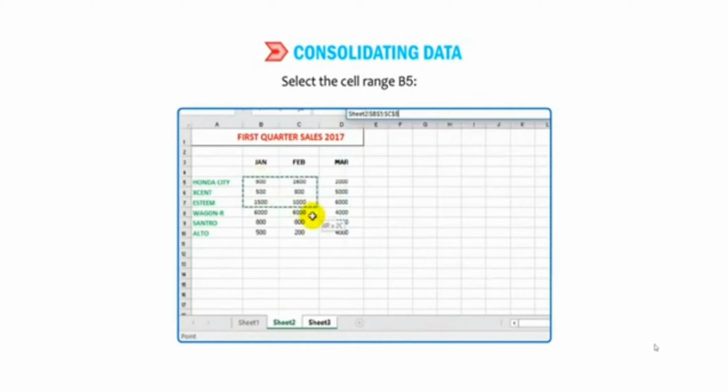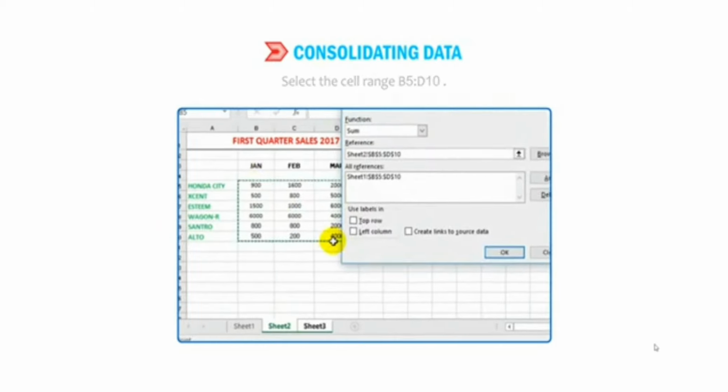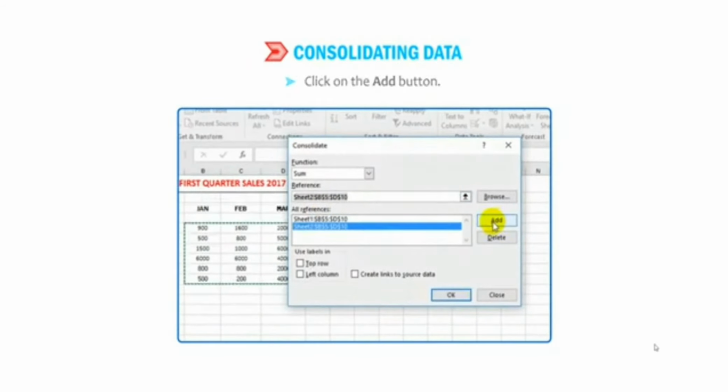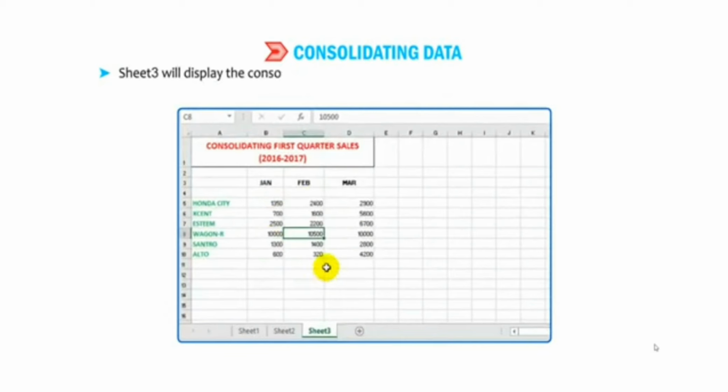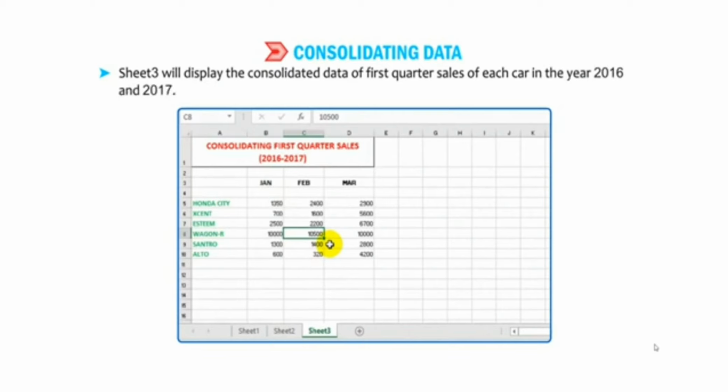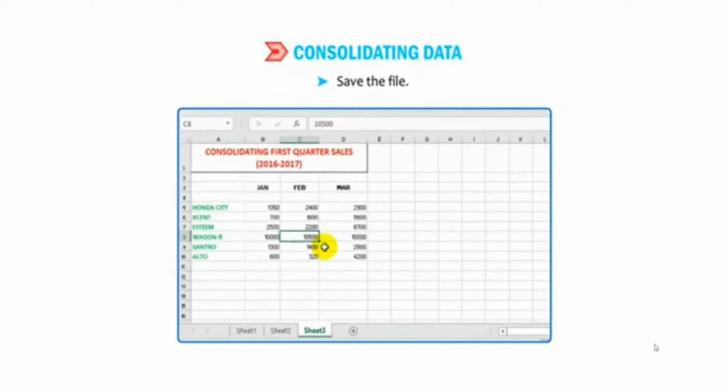Select the cell range B5 to D10. Click on the Add button. Now click the OK button in the Consolidate dialog box. Sheet 3 will display the consolidated data of first quarter sales of each car in the years 2016 and 2017. Save the file.